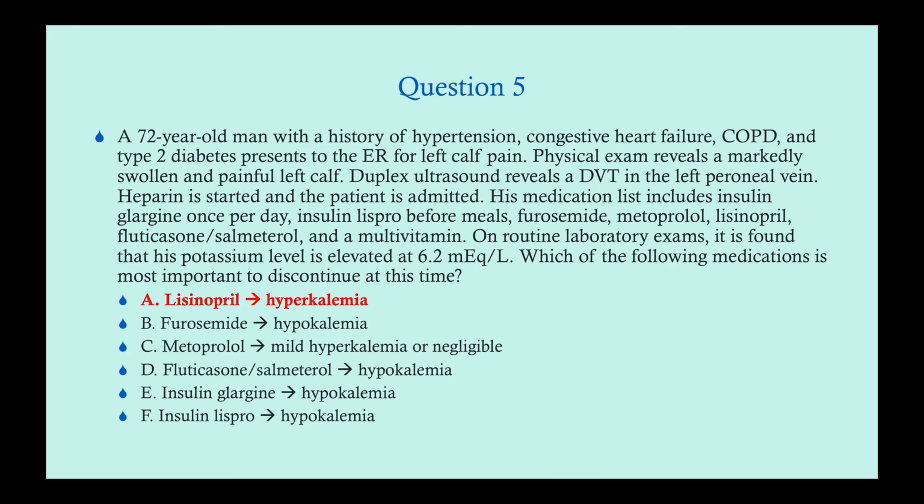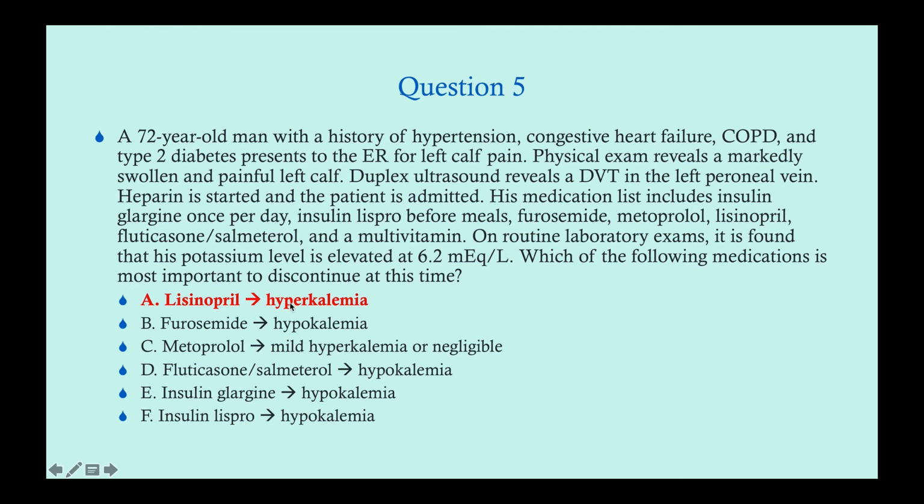And the fact is, it can cause a slight uptick in your potassium level. Metoprolol being a beta blocker, what it can do is inhibit renin release, which would then lower your aldosterone, and then that can cause your potassium level to go up. But it's probably so minimal that even if you stopped the metoprolol, his potassium level would probably still be high.